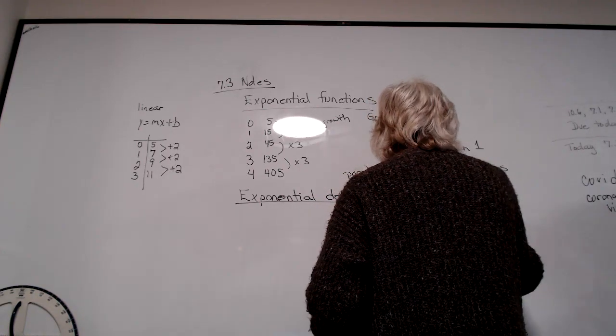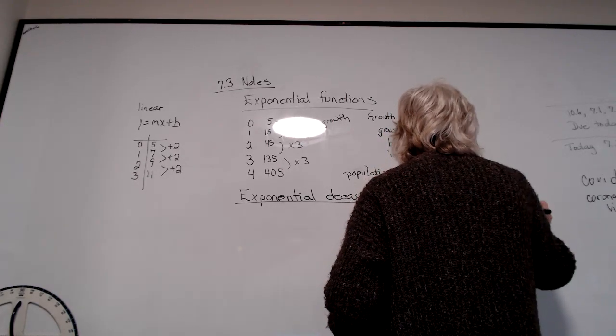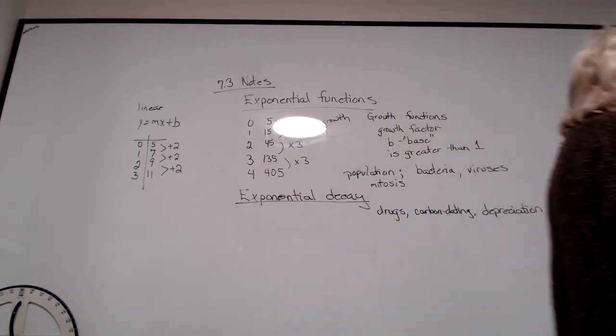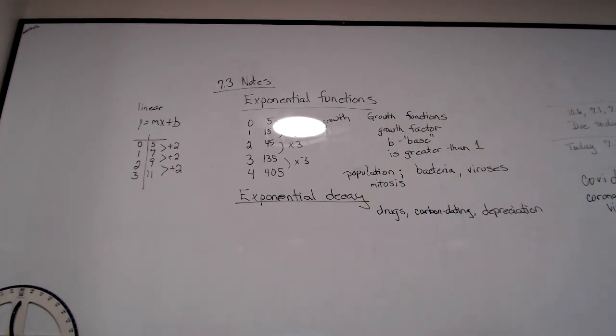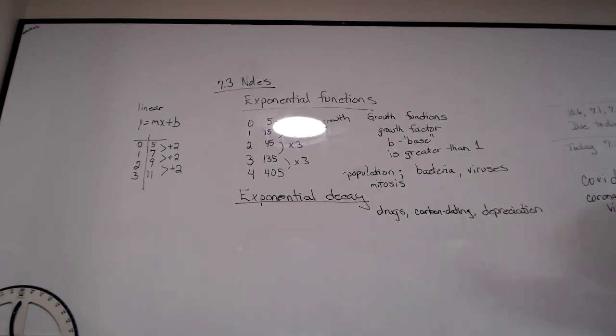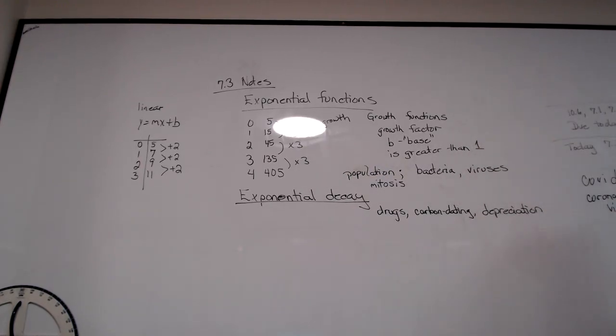Depreciation means how much the value of a car, a house, anything that you have, goes down. Okay, so that's what depreciation is. These are things that are decaying, going down. They're not multiplying up, they're coming down. They start high and then it comes down.